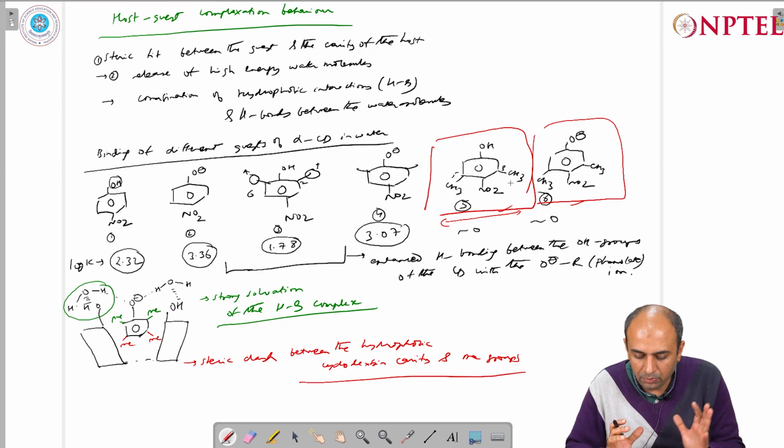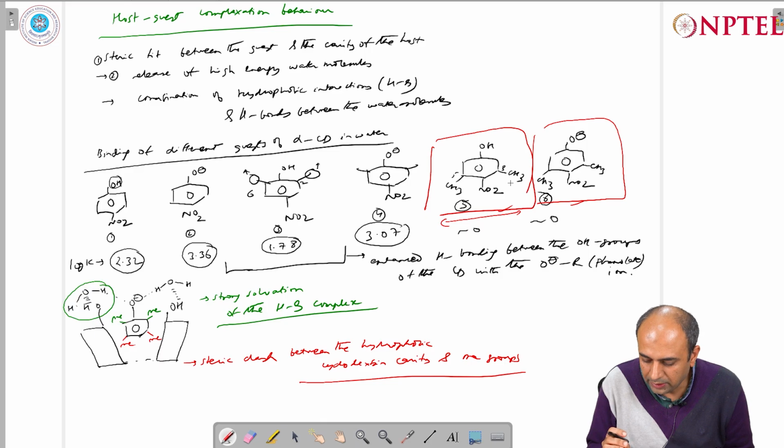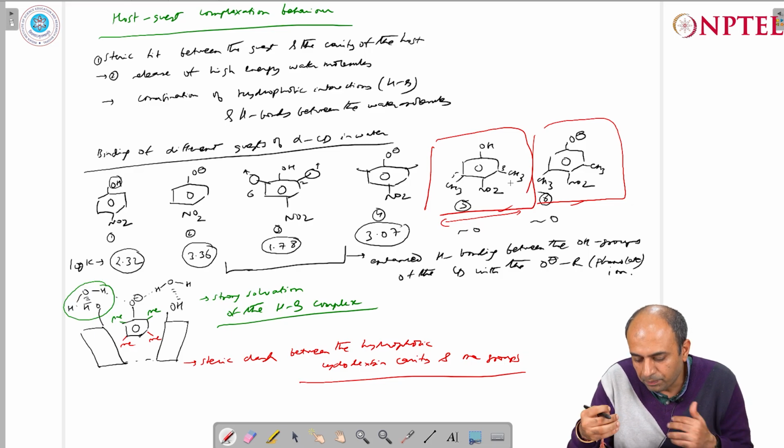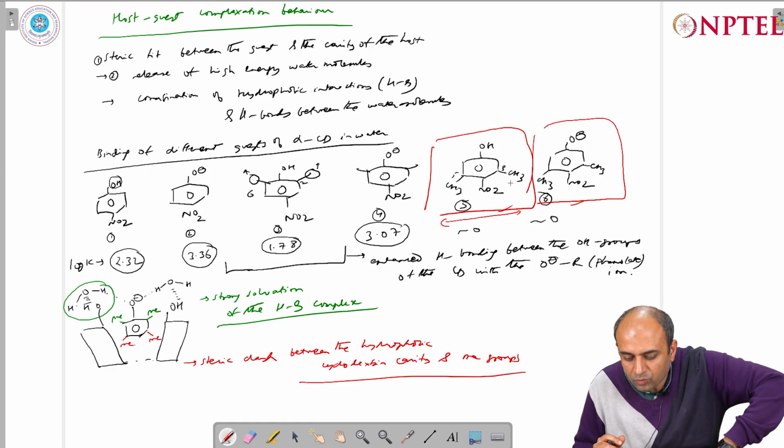So this is a very interesting case where you can put methyl substituents at very specific positions and modify the hydrophobic nature of the guest such that it can still undergo host guest complexation with the cyclodextrin cavity.